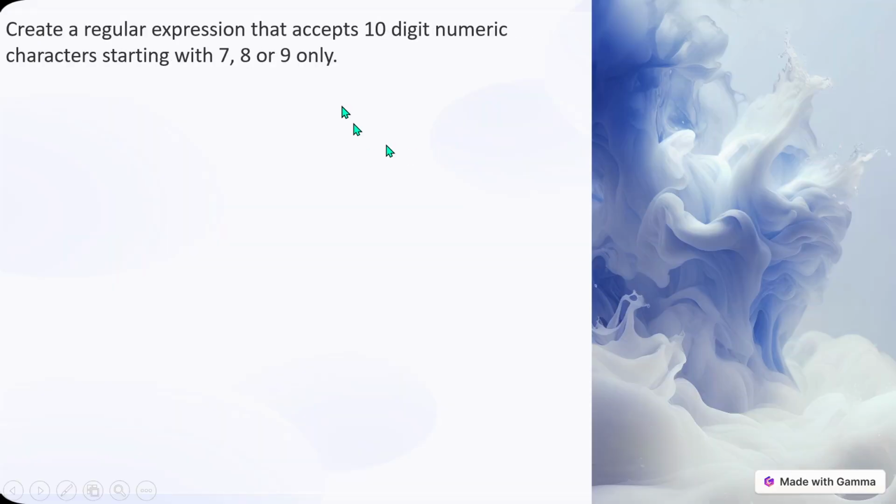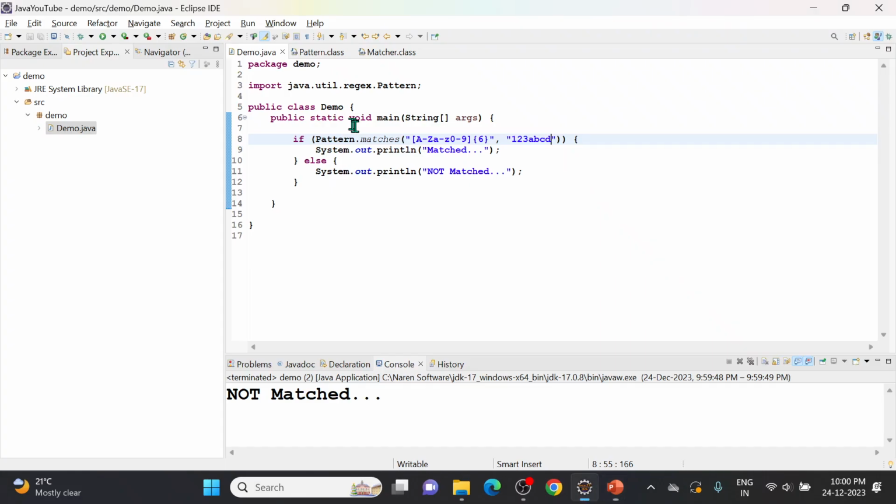Create a regular expression that accepts 10 digit numeric characters starting with 7, 8, 9. That means the length will be 10, and the first character will be either 7 or 8 or 9, that will be constant. So here I will say the first character will be 7, 8 or 9, and all characters will be 0 to 9.